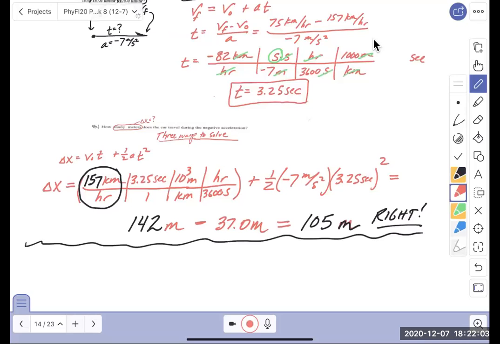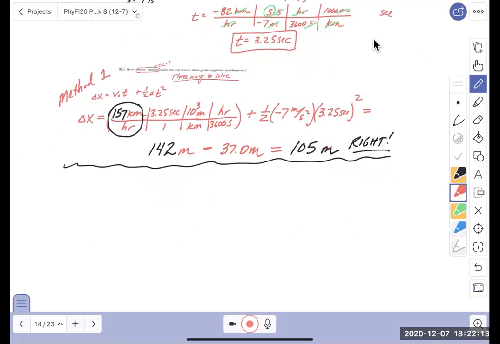We'll call the first one method 1. Now method 2, I'll do in blue. Method 2 is using this equation: V bar equals delta x over t.